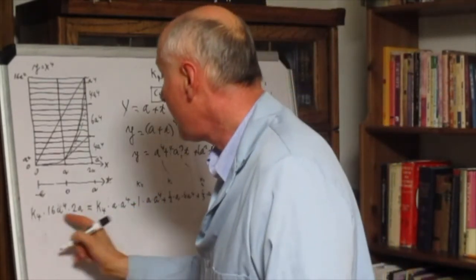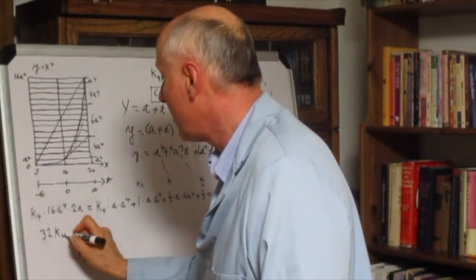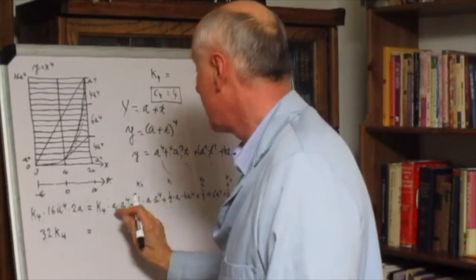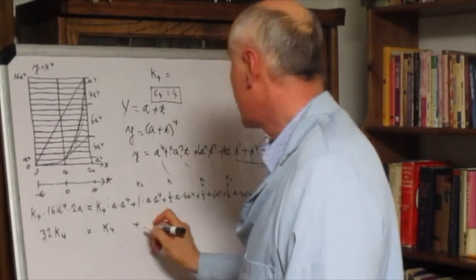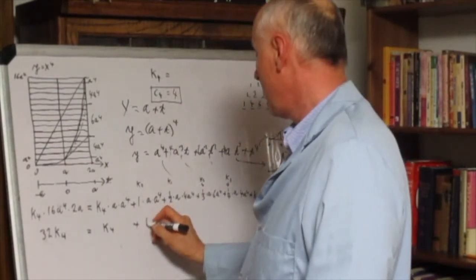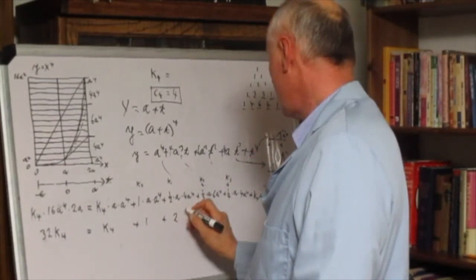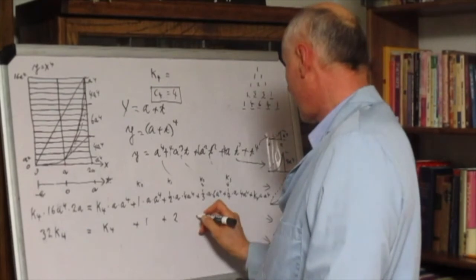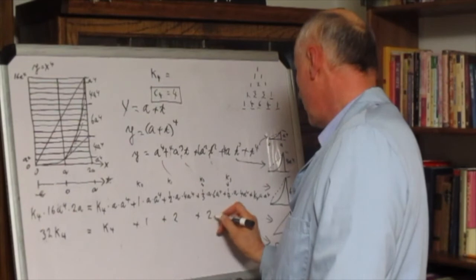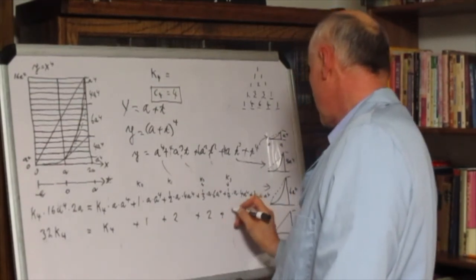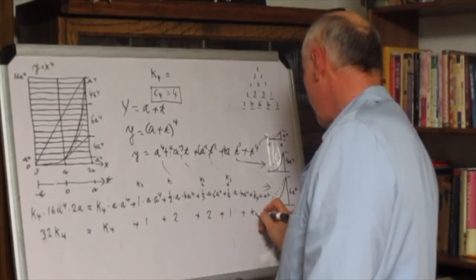We have 32 K4 equals K4 plus 1 plus 2 plus 2 plus 1 plus K4.